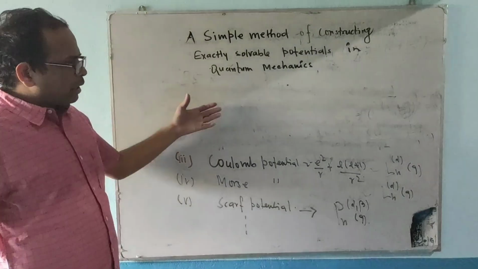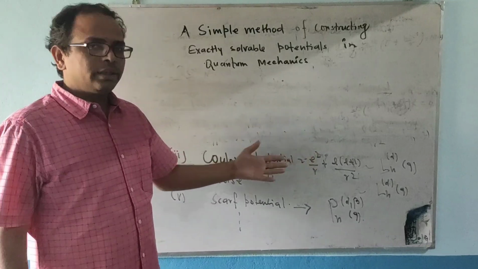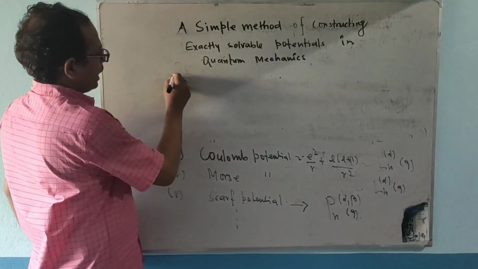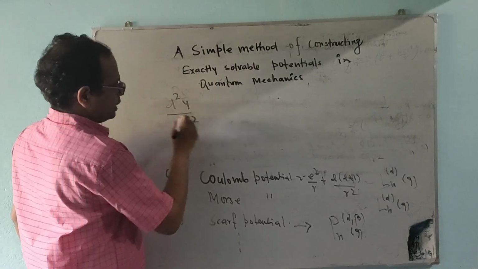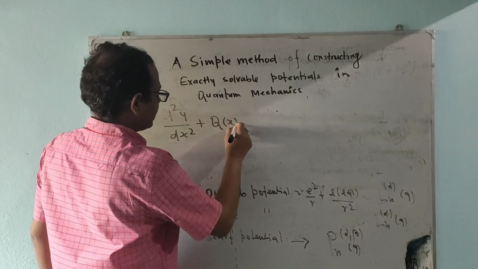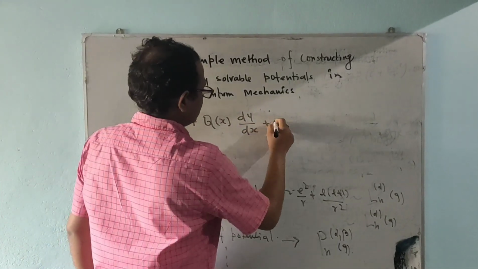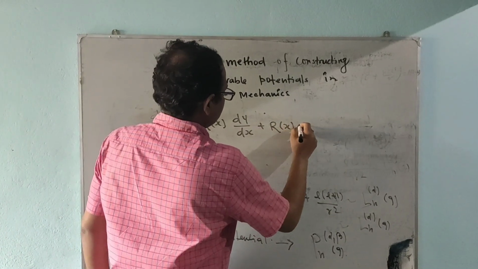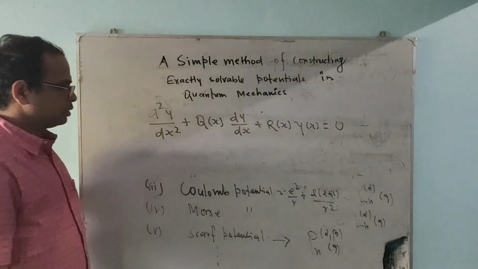So for any of these polynomials, we can write the differential equation like this: d2y by dx square plus q of x dy by dx plus r of x y equal to 0.